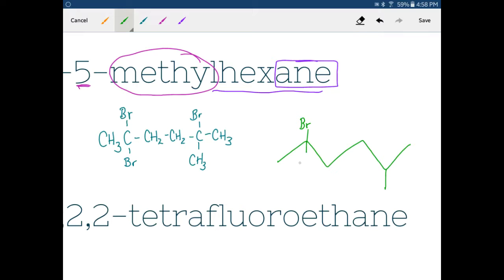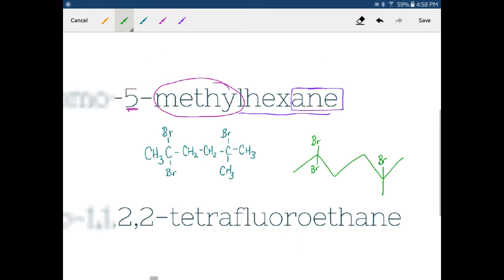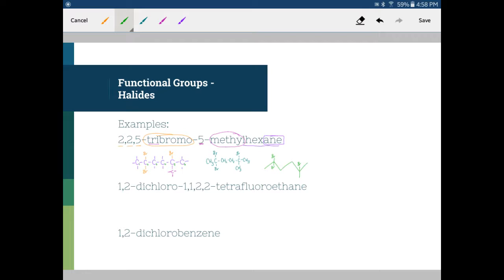So that tells me that, and then I also have one coming down out of it. Okay, and then I also have another one coming out of my 5th carbon like so. So as long as I indicate that there's something at the end of that branch that is not just a point, because if it was just a point, it would be carbon, then it's good when I go to name this. Okay, there's our first example.